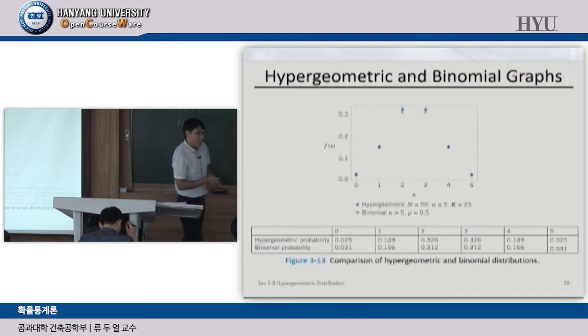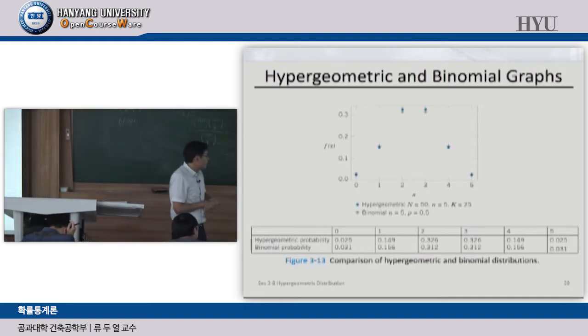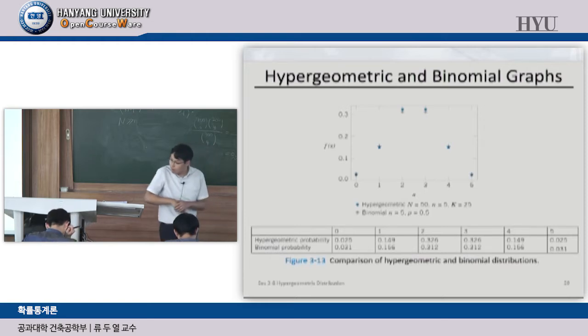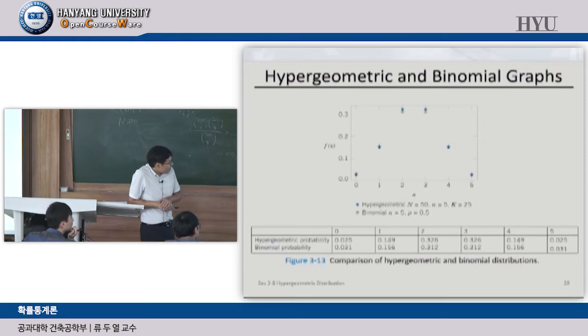So this is the example. And here, the large N is 50 and small n is 5. Large N is 10 times larger than the small n. Okay? So when we calculate some example based on these two distributions, that is the hypergeometric probability and that is the binomial probability.